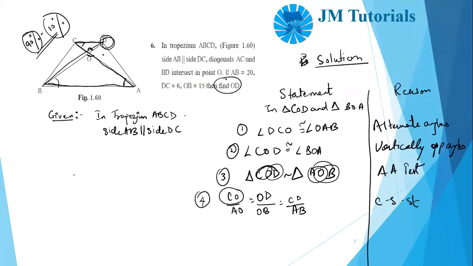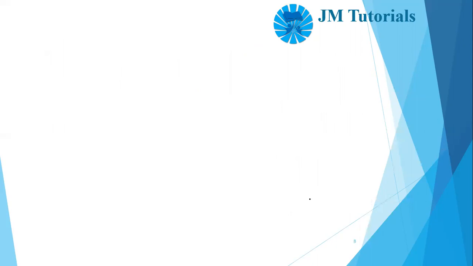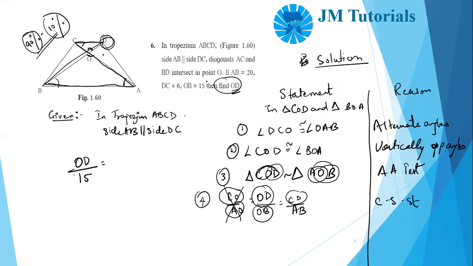Is CO given? No. Is AO given? No. So this is invalid, I don't want this. OD is asked, so I write OD. Is OB given? OB is 15. Is CD given? CD is 6. Is AB given? AB is 20.